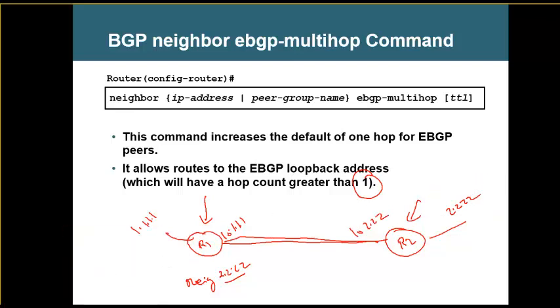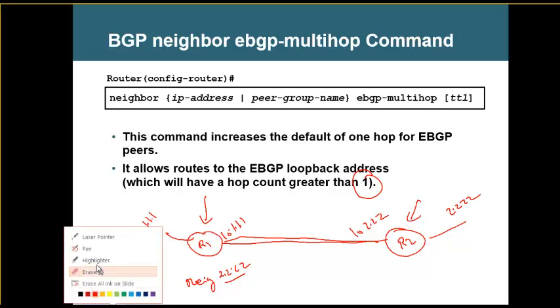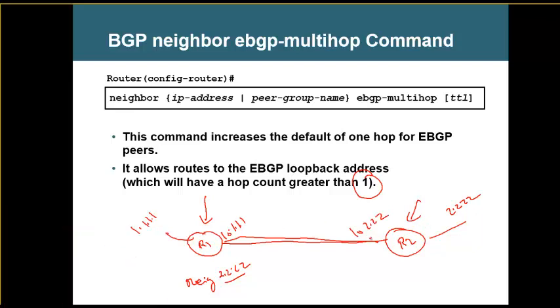In the routing table, you may be writing a static route to reach 2.2.2.2. In that, what will you say? It is connected via 10.2.2.2. So eBGP cannot form a neighbor. eBGP very clearly will check whether this address is shown as directly connected in the routing table, which is not possible.